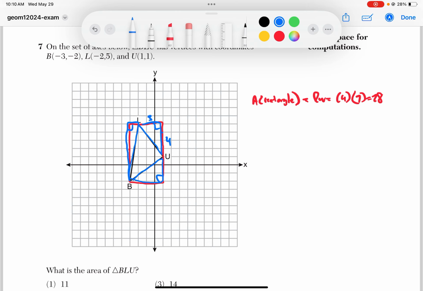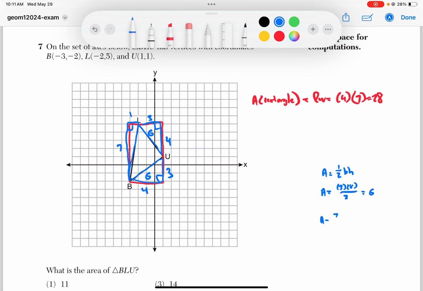The area of a triangle is 1/2 base times height, so 3 times 4 cut in half is 12 over 2, which is 6. This one is 3 by 4, so that's also going to be 6. This one is 1, 2, 3, 4, 5, 6, 7. 7 by 1.